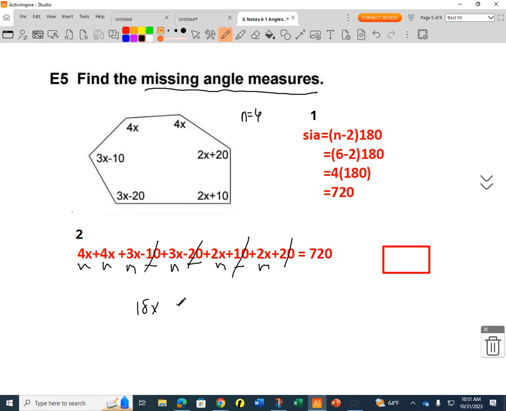So all we have is 18x equals 720. So divide both sides by 18, and x is 40. Does anybody have any questions about how we got there?